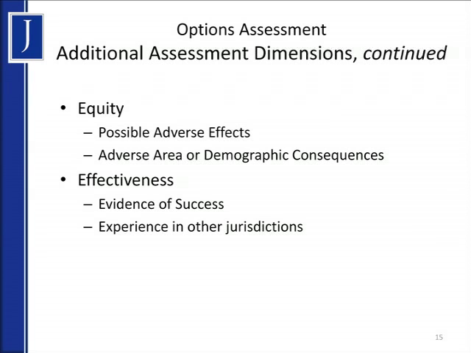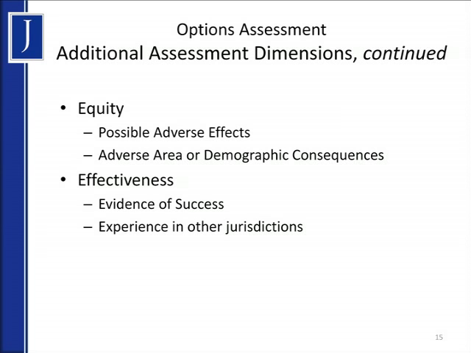With respect to equity, you might have a special row for possible adverse effects or a row for area effects, where one area would be affected differently than another. And under effectiveness, you might want to have separate rows for research-based evidence of success, practical experience in other jurisdictions.